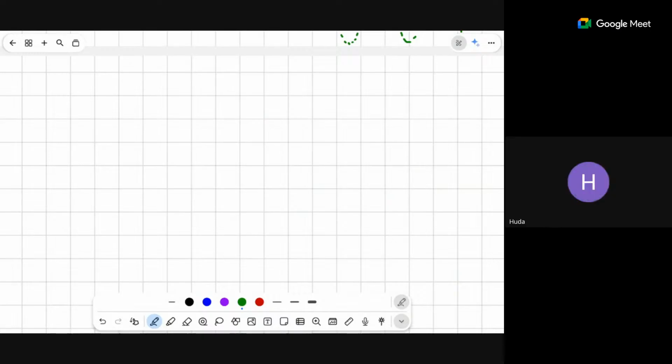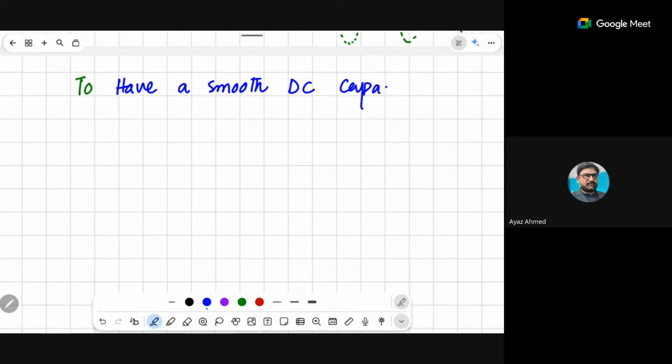Yes, sir. Okay, now there is a problem. The problem is that we still do not have a smooth output, right? To have a smooth DC, capacitors are used.